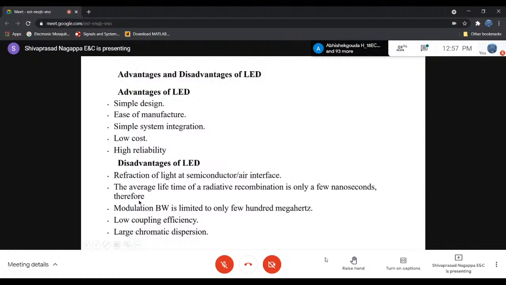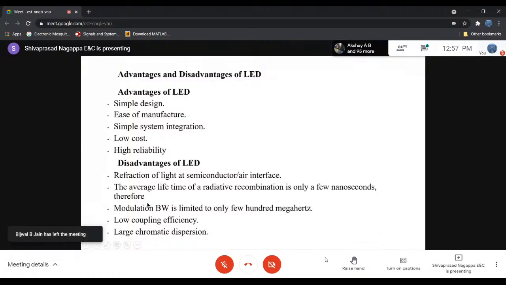The average lifetime of a radiative recombination is only a few nanoseconds. Basically, the principle is a recombination that takes place due to which photons will be liberated.